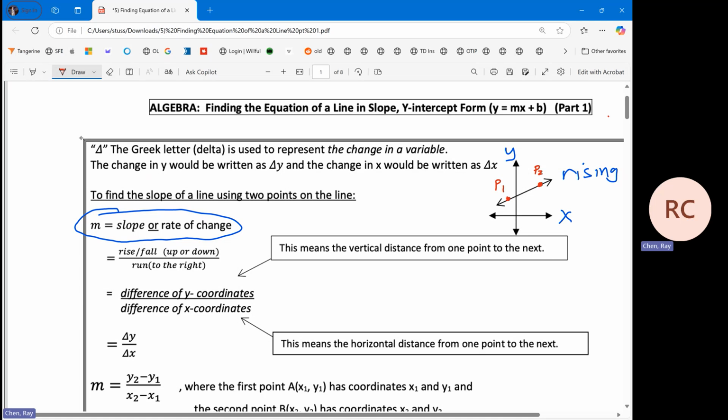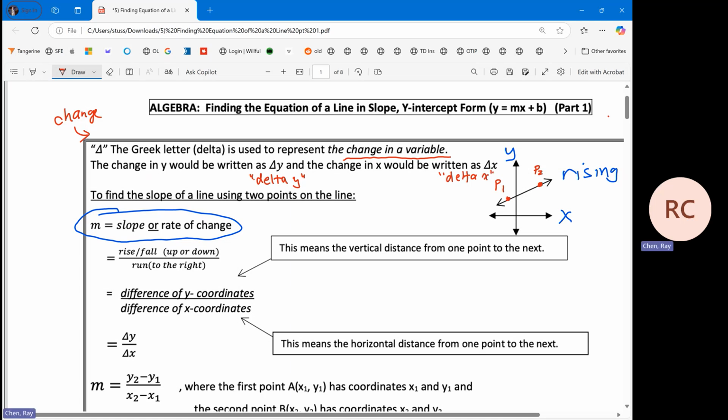This word change is that funny looking triangle that you see, and it's called delta. Now, it's not super important, but that represents the change in the variable. So the way that we say this is that the change in y would be written as delta y. This is the Greek letter D, and the changes in x, that'd be delta x. And that's how you say it.